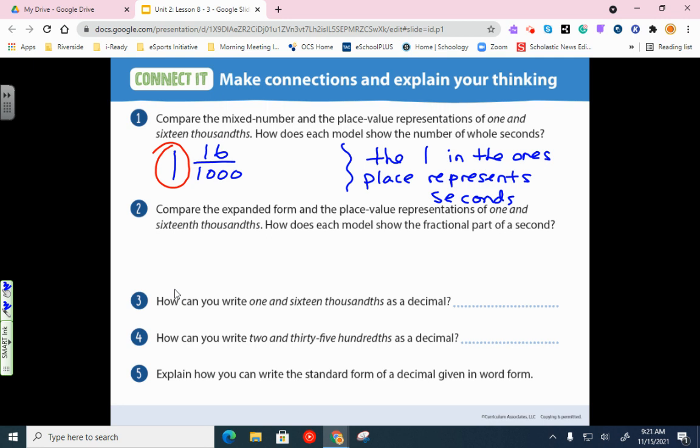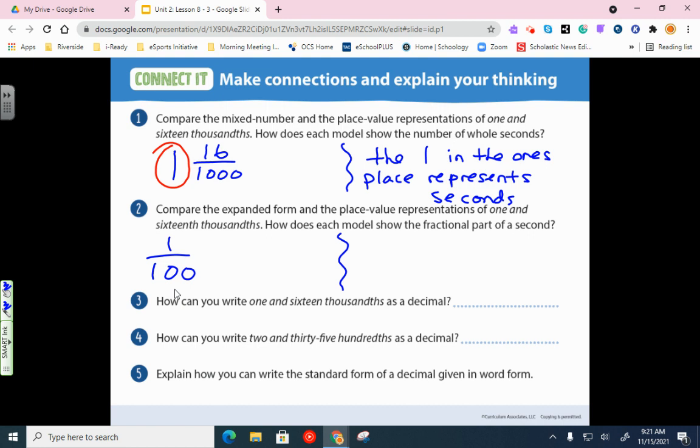And then let's look at number 2. Compare the expanded form and the place value representation of 1 and 16 thousandths. How does each model show the fractional part of it? So they showed it like this. If you look over to the left, we know that the fractional part was 1 over 100.